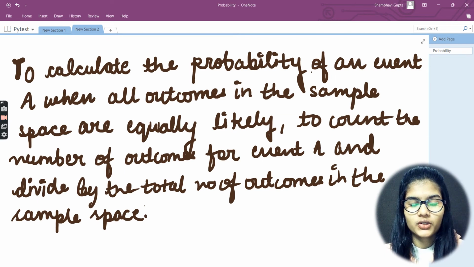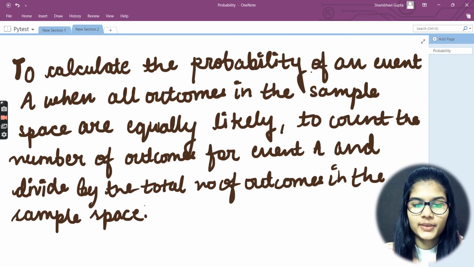This is how you calculate the probability of an event when the outcomes in the sample space are equally likely.